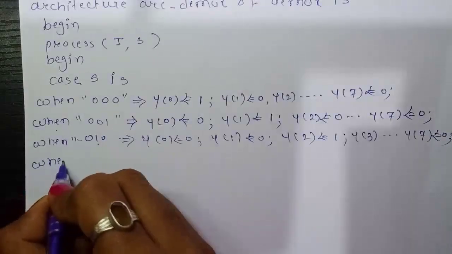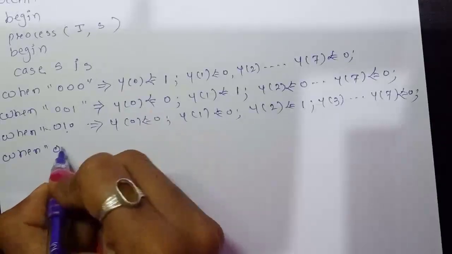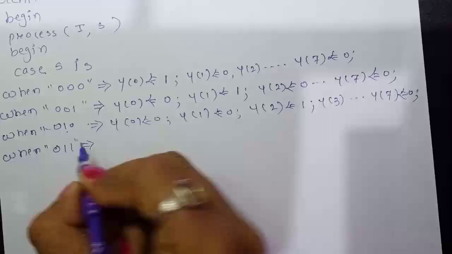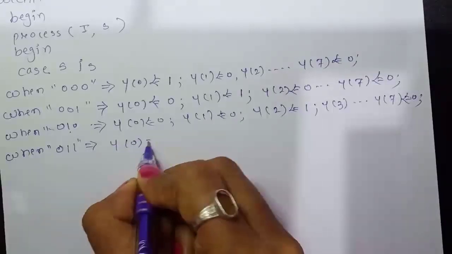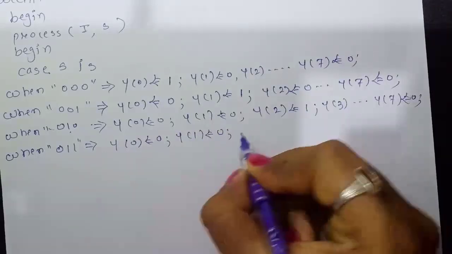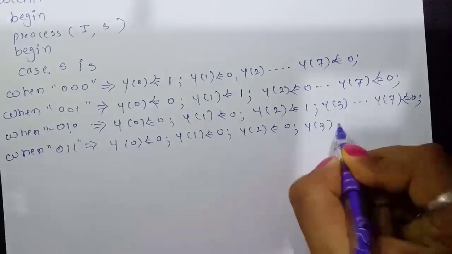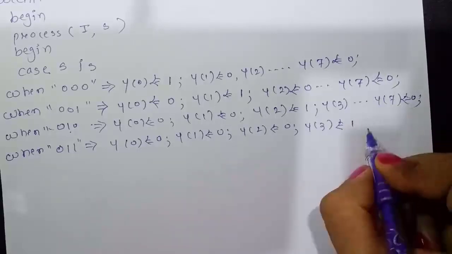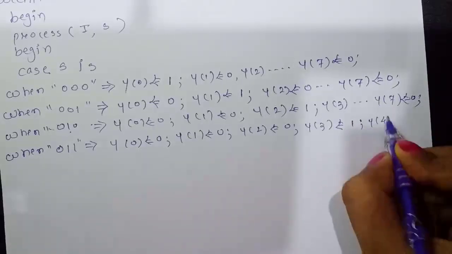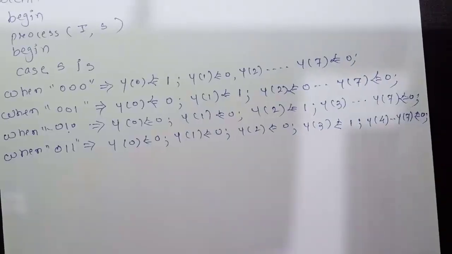When 0 1 1, Y0 is 0, Y1 is 0, Y2 is again 0, and now Y3 will be activated. So Y3 will be assigned 1, and Y4 to Y7 will be assigned 0.